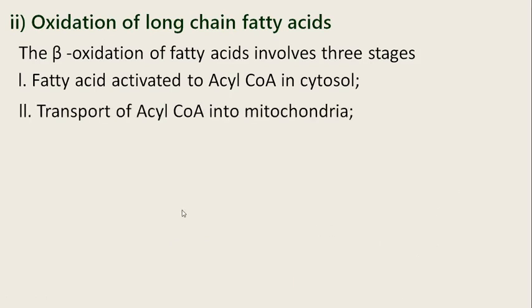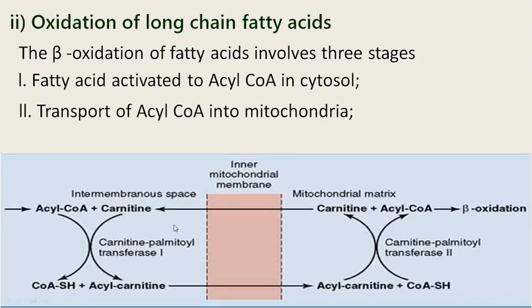And in second step, acyl coenzyme A is transported into the mitochondria. Since acyl coenzyme A cannot be directly transported into mitochondria, first this acyl coenzyme A reacts with carnitine in presence of carnitine palmitoyl transferase 1, and it is converted into acyl carnitine.